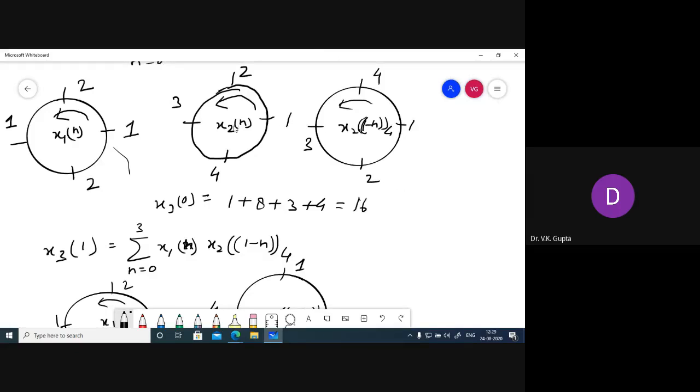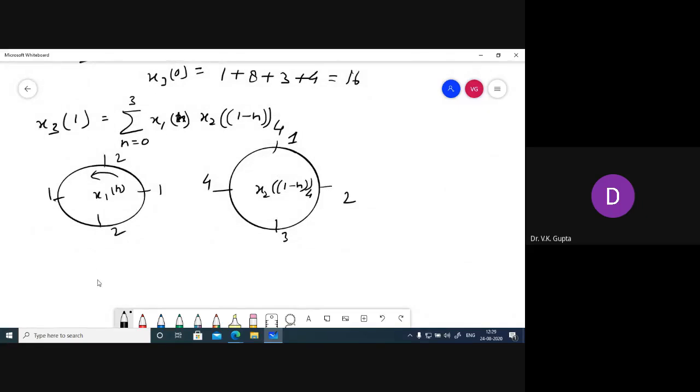Since the shifting operation is done on x2(n), the reverse operation is done on x2 of minus n. For x2 of (minus n plus 1), the shifting will be in the positive direction.